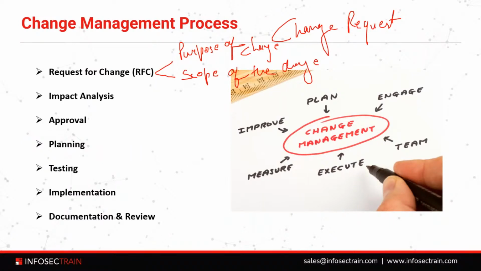Now, purpose of the change means this is the business case for making the change and the benefits that will accrue. It might include an analysis of risk associated with performing the change and risk that might be incurred through not performing the requested change.